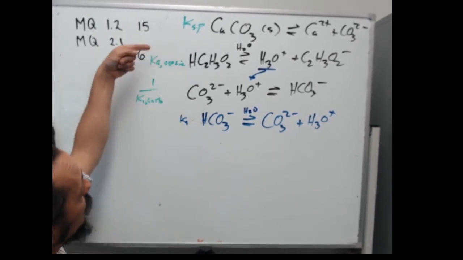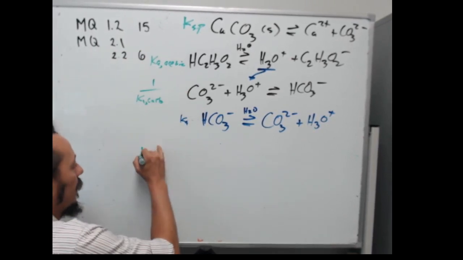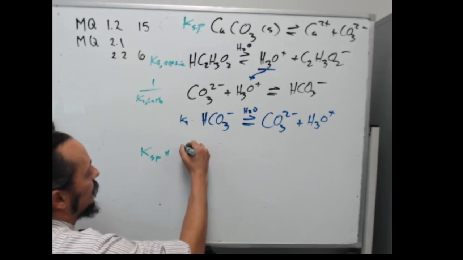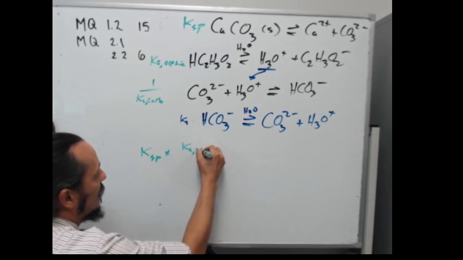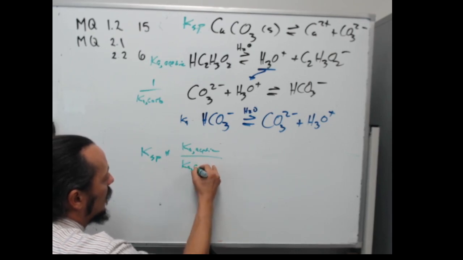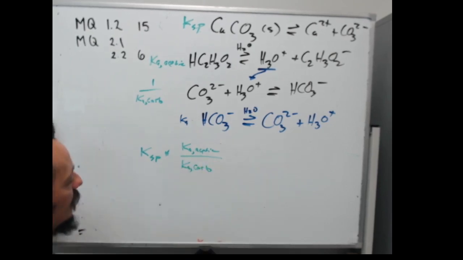And now I just multiply these 3 things together. KSP times Ka acetic divided by Ka carbonate. And the reason I just focused, and your lab instructor wants you to calculate this, is it just has a number associated with it now.